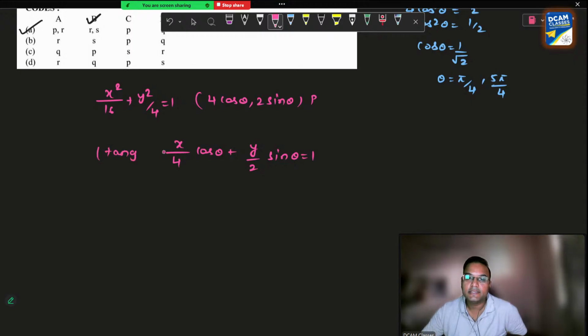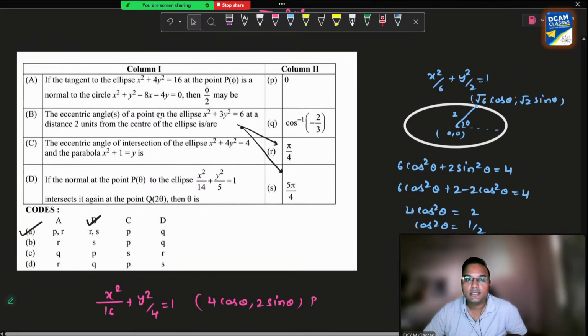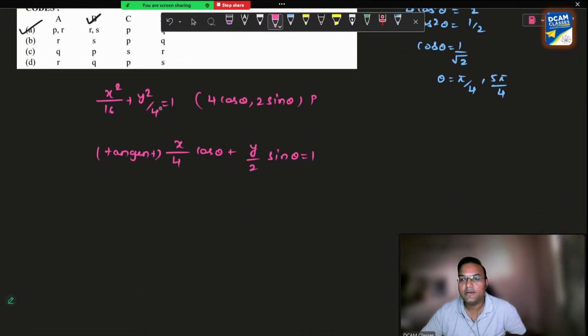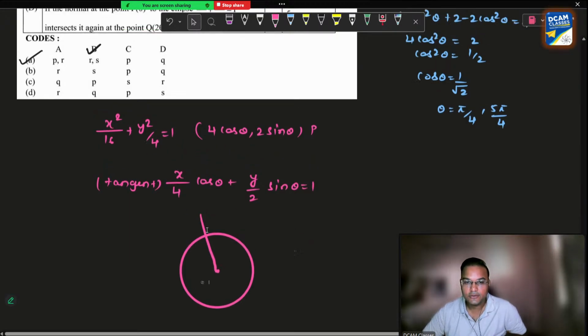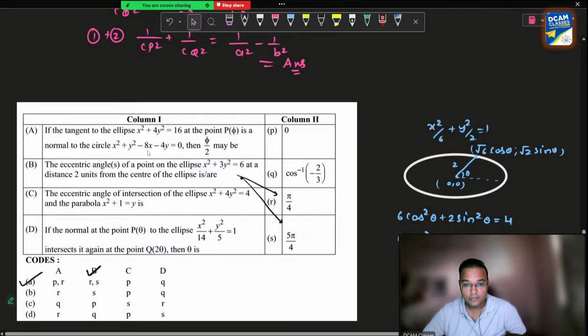And this tangent is actually the normal to the circle. We know when anything is normal to the circle, it has to pass through the center, which is (4,2).